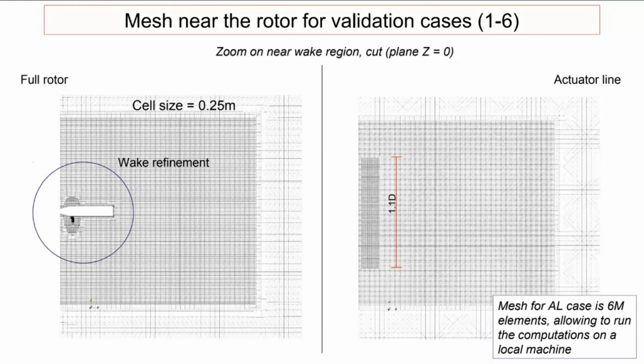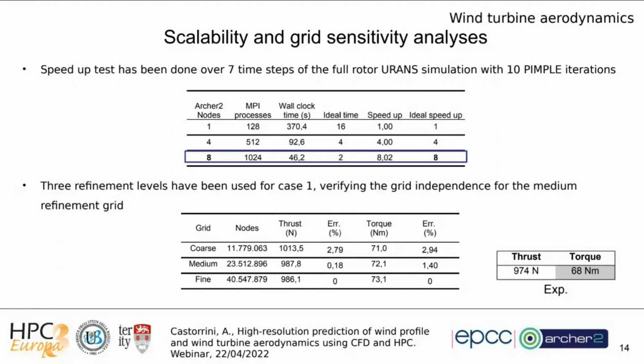This means that the mesh for the actuator line case does not need high performance computing, but it can be run on a local machine. So we will focus on the full rotor and resolved geometry.